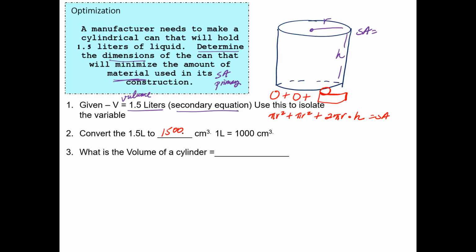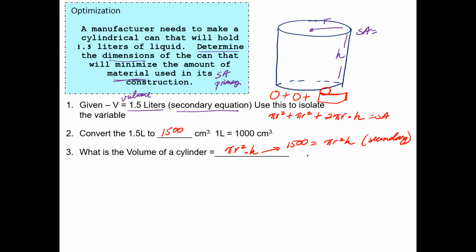Going back to geometry, the volume of a cylinder is always the area of the circle, which is pi r squared, times the height of the cylinder. Since I know that the volume is 1,500, I can set 1,500 equal to pi r squared h. Now this is your secondary equation.